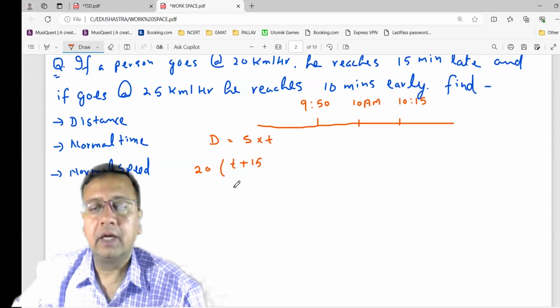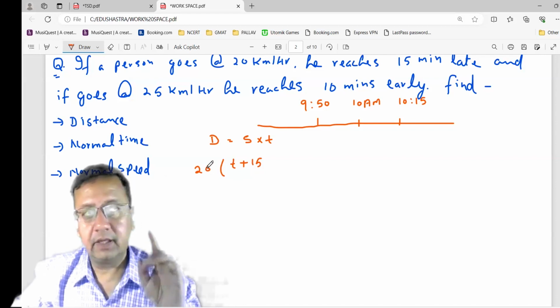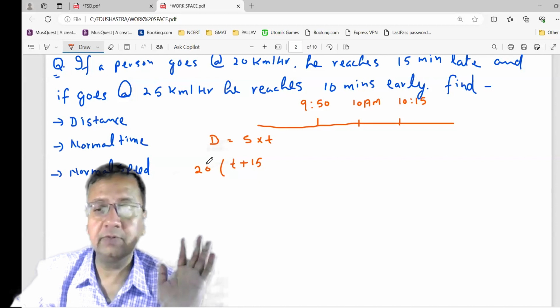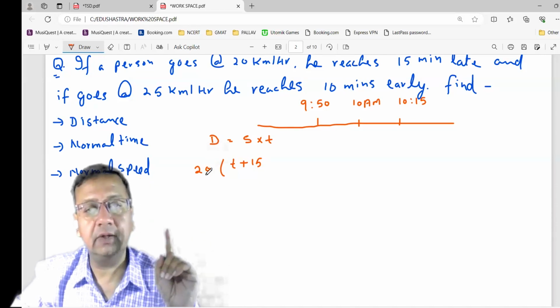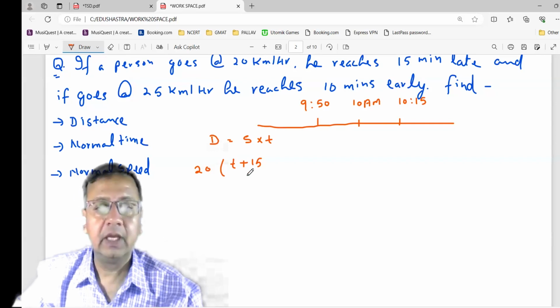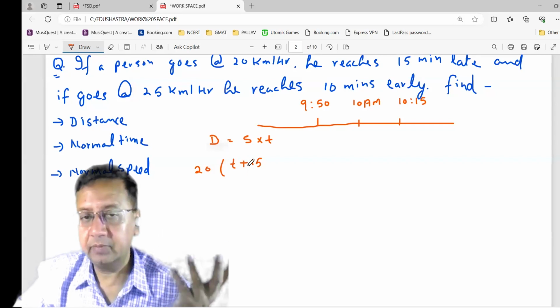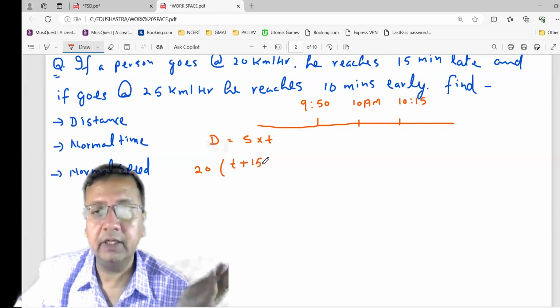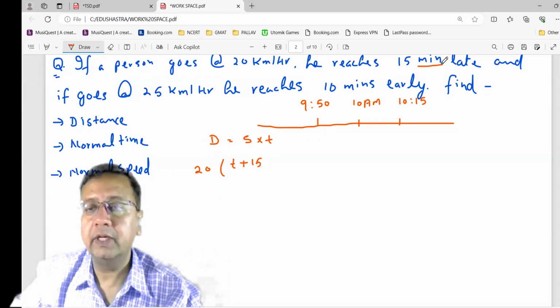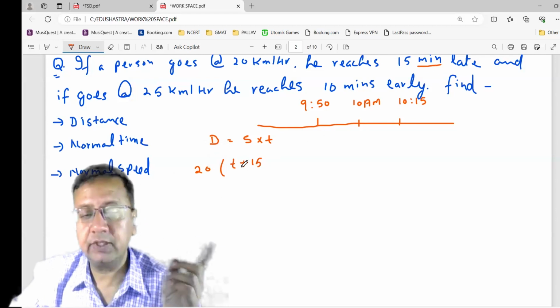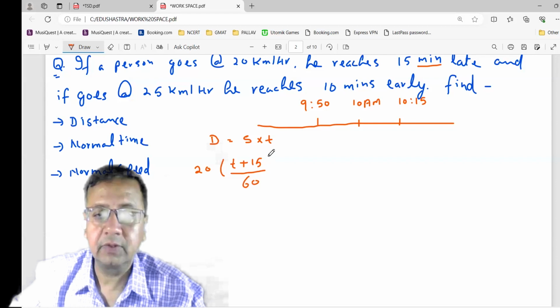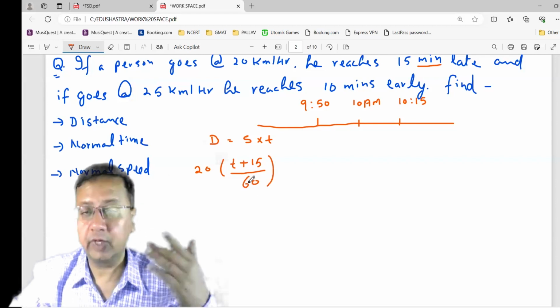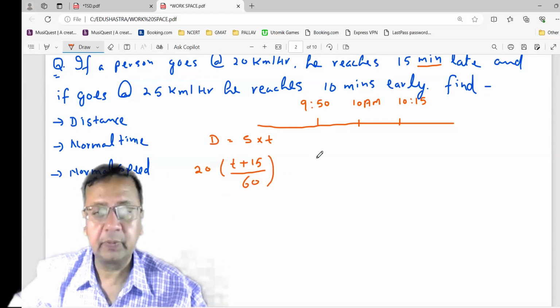Now, as I told you, unit conversions are very important in this. 20 is in kilometer per hour and t is the variable, but if you're adding 15, 15 is in minutes. So this expression t plus 15 is in minutes, so divide by 60. Okay, so this is your first distance, right?